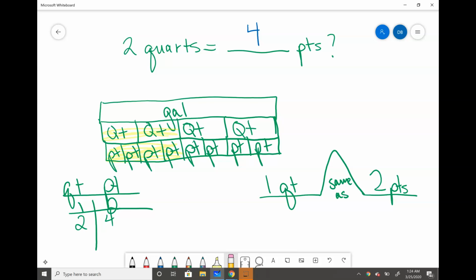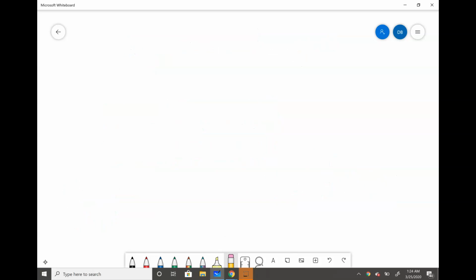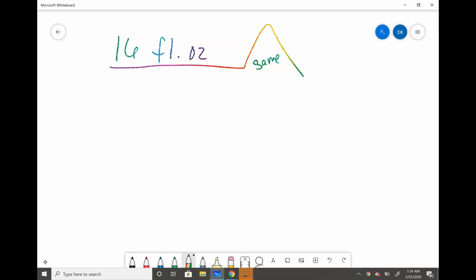Okay, time for one more. Let's look at 16 fluid ounces to pints. So 16 fluid ounces, same as how many pints?